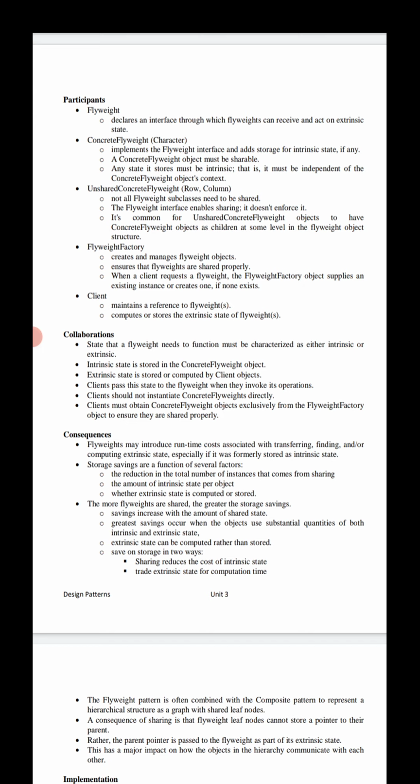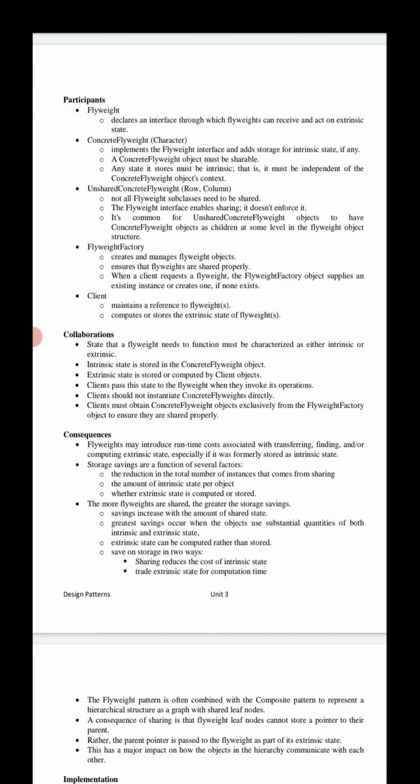Okay, coming to the collaboration section, how those classes and objects collaborate to carry out their particular responsibilities. First of all, the state a flyweight needs to function must be characterized as either intrinsic or extrinsic state.